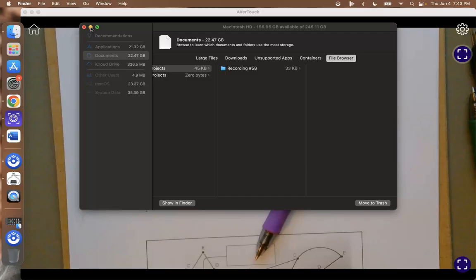Lines called edges that join pairs of vertices.